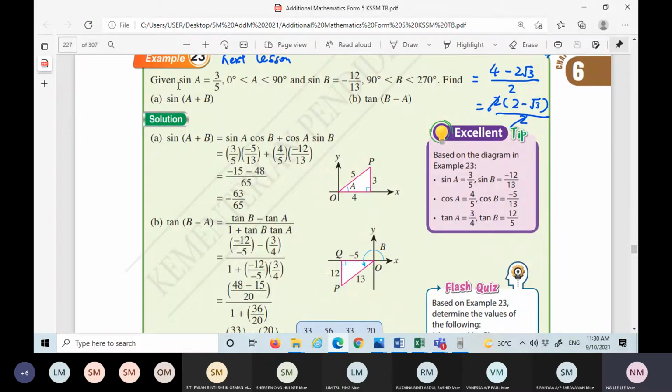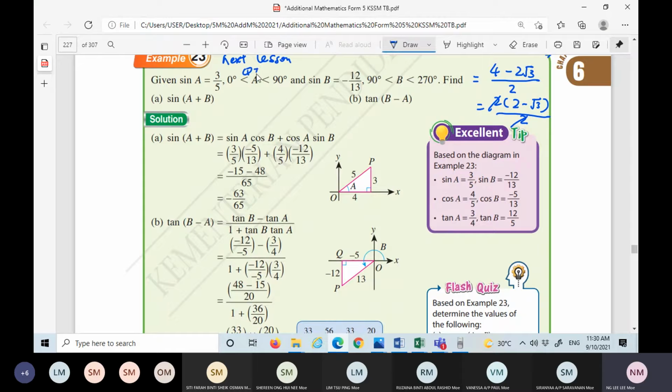We start. Sine A is 3/5. A is in between 0 to 90, so which is the first quadrant. Sine B is negative 12/13. B is between 90 to 270. Where is the 90 to 270? This is 90, this is 180, 270.